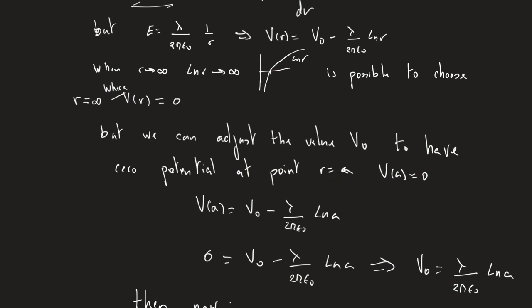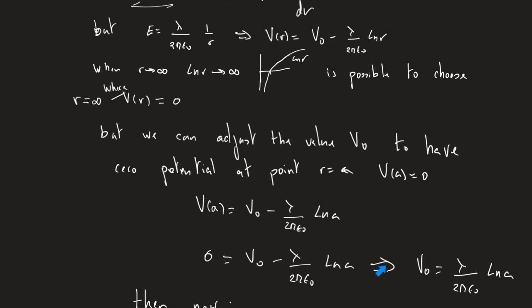I take my equation, V of r is V0 minus lambda divided by 2 pi epsilon 0 log of r. I evaluate it at the point a and impose the condition that at r equal a, at distance a from the cable, from the wire, V of a is 0.